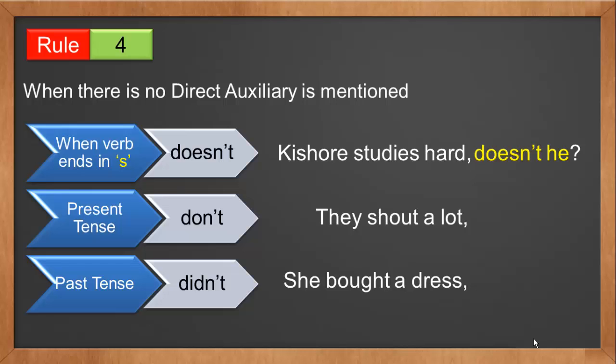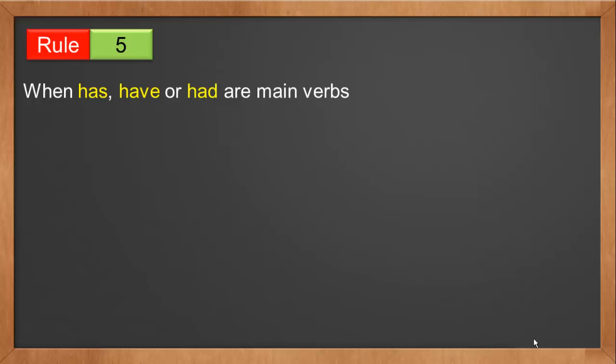They shout a lot, don't they? Because again, here they do shout a lot, don't they? We can convert the sentence in such a way. She bought a dress, didn't she? She did buy a dress, didn't she? So remember, rule number 4 is very, very important.